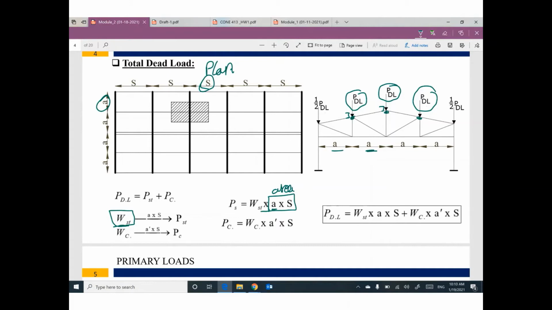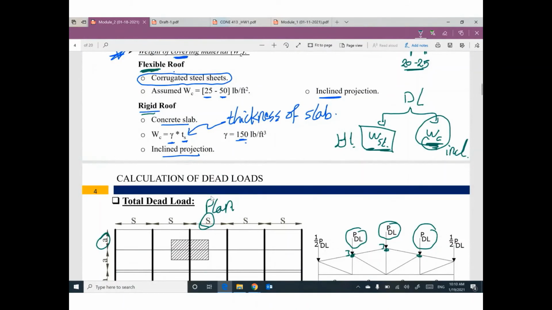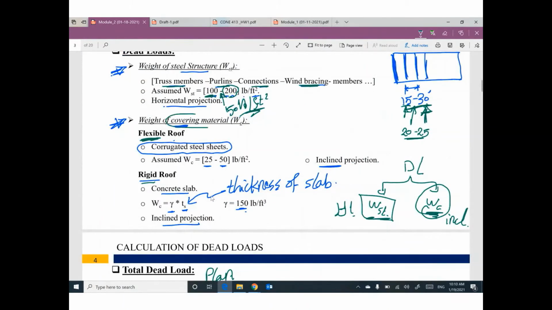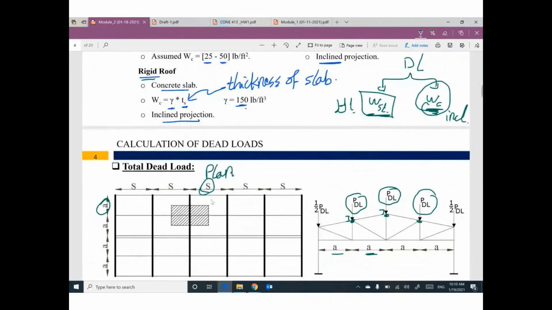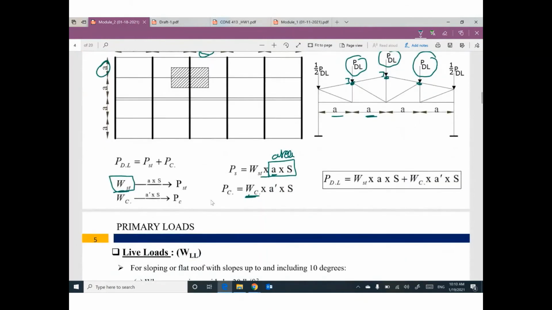For W covering, the second value of the dead load, it will be multiplied by S times A bar. This is area also, but this one is horizontal area and this one is inclined area.